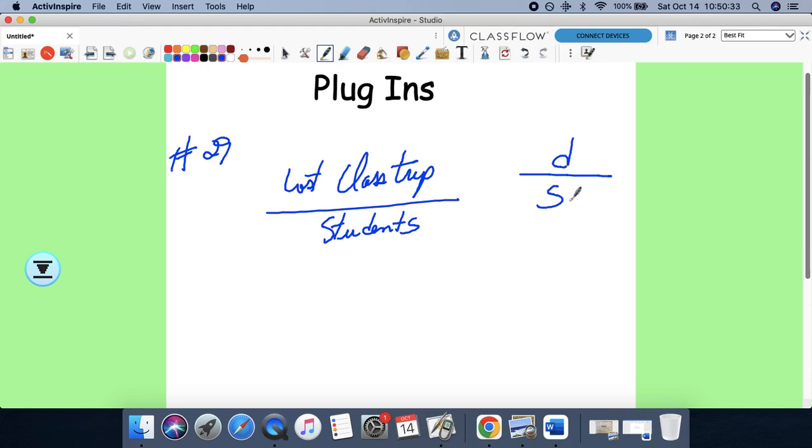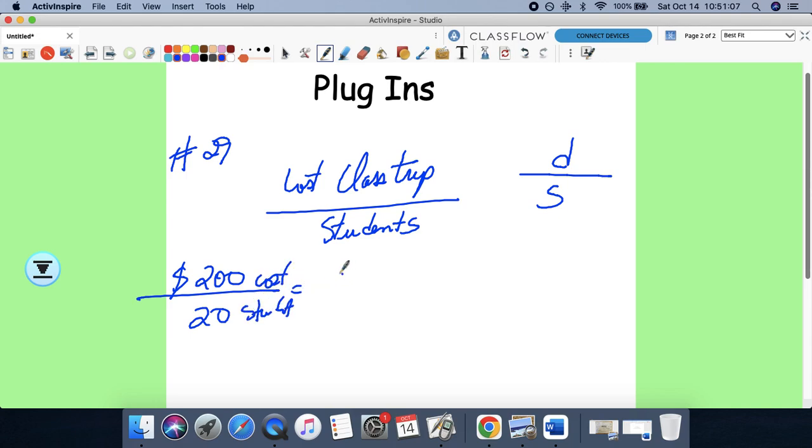The additional amount in dollars that each remaining student must contribute to pay for the trip, so that's the key here. How much extra? So let's say the trip was $200 and you had 20 people coming. Each person would pay $10. Everybody okay with that?